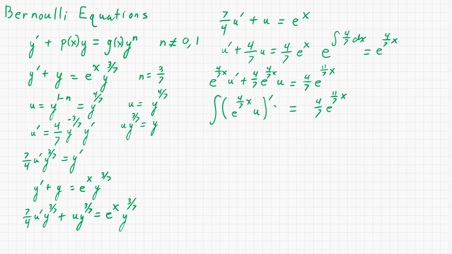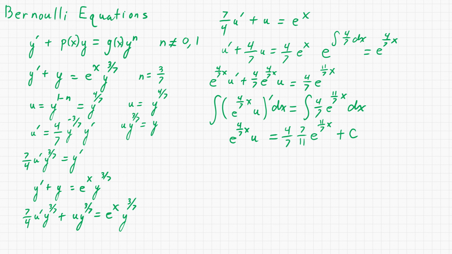So now I can integrate both sides with respect to x. Okay, integral and derivative cancel. e to the 4/7 x u is equal to, all right, so let's see. 4/7, the reciprocal will pop down, so I'll get times 7/11 times e to the 11/7 x plus a constant.